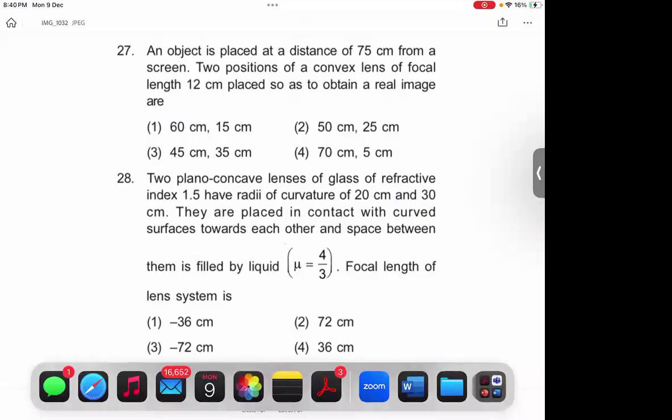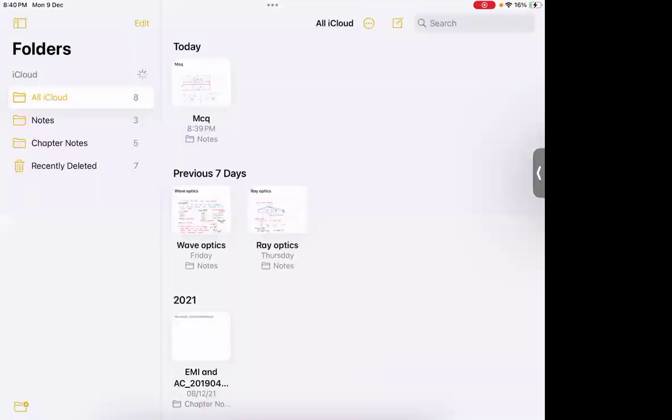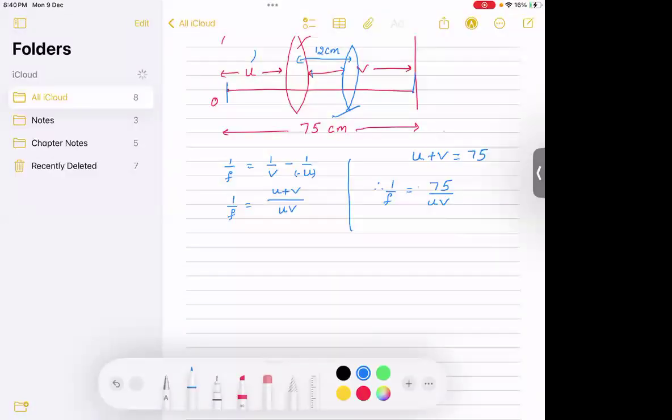Let me write the diagram here itself because there I can't write. You can substitute here only, better, I think, students. Let me write for the first convex lens only. This is the first convex lens. This is the object. Let us say the object is placed at U.